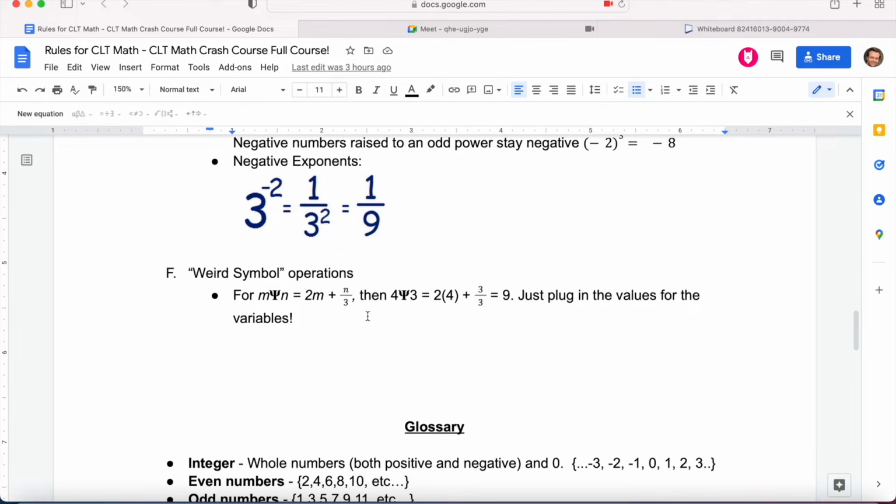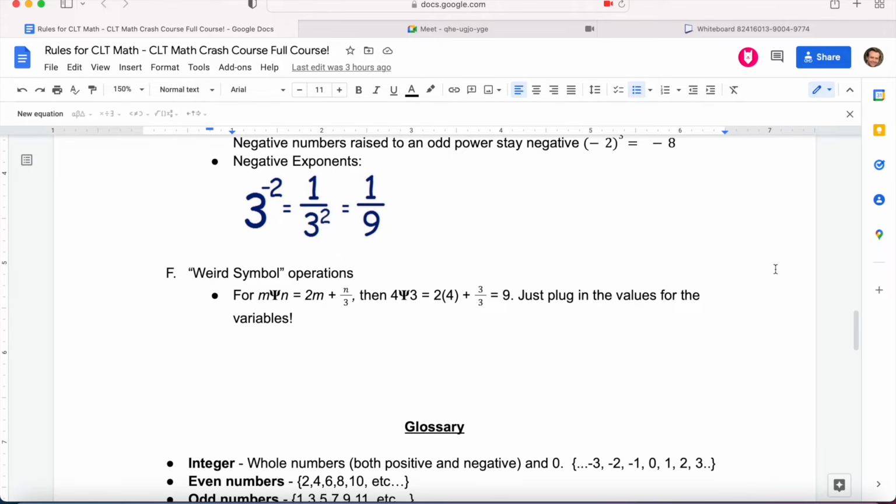I've literally just replaced the M in front of the weird symbol with a 4. And then the N comes after the weird symbol, so plug in the value after the weird symbol. That's a 3. So in the expression in that bullet point, I've just plugged in a 4 for M and a 3 for N. That's all I've done.